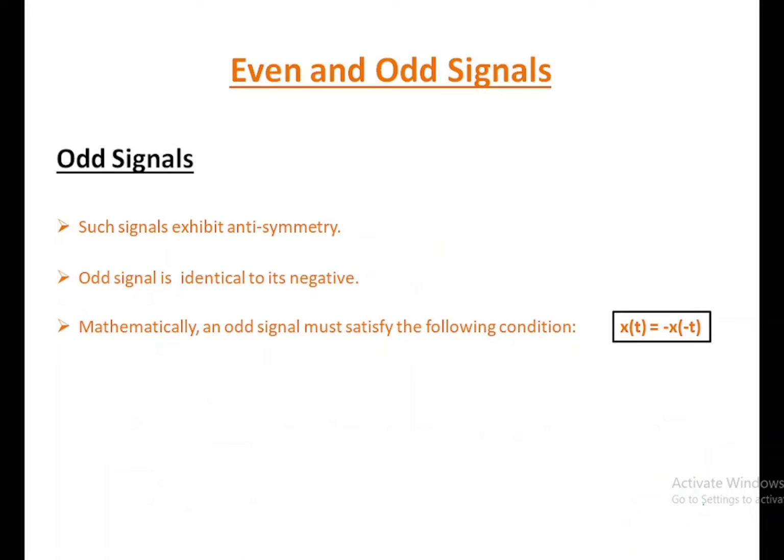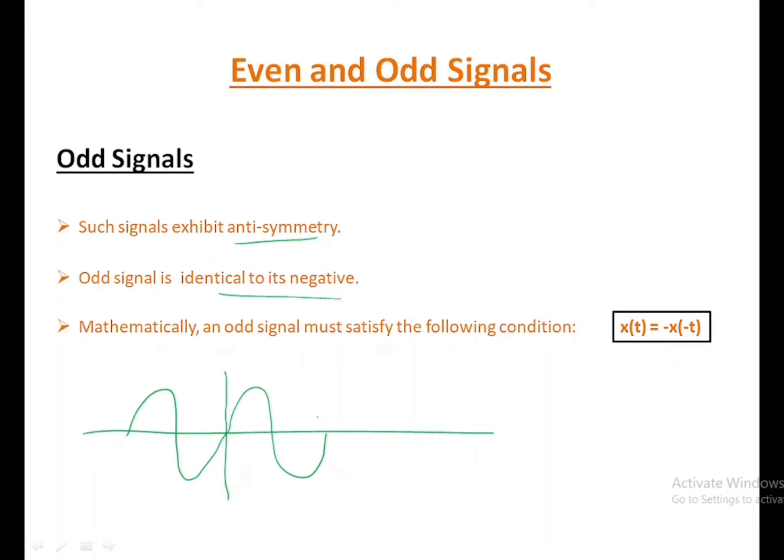Now what are odd signals? They show antisymmetry, or are identical to their negative. For this we take the example of a sine wave. This is the sine wave on the positive time axis, and a sine wave on the negative time axis. This is 0, pi, 2 pi, minus pi, minus 2 pi.